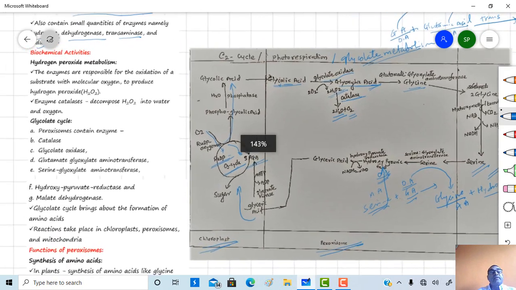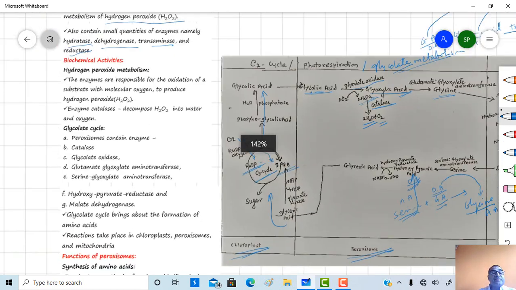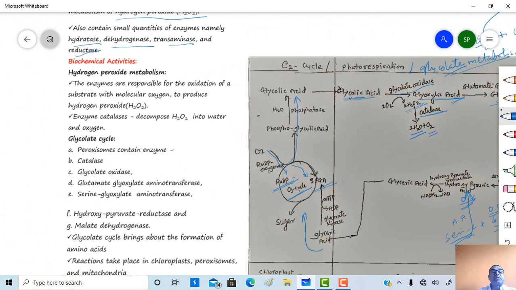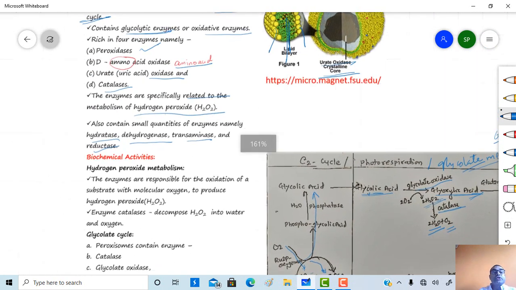So just see what enzymes are present in the peroxisome. Peroxidase enzyme, D-amino acid oxidase enzyme, urate oxidase enzyme, catalase enzyme, as well as the enzymes related to the metabolism of hydrogen peroxide.